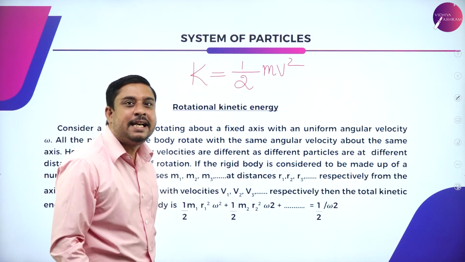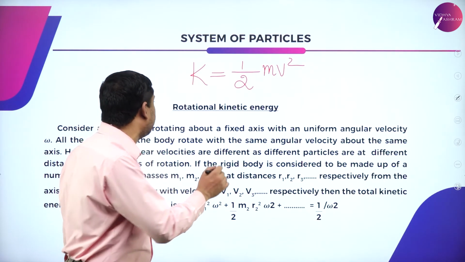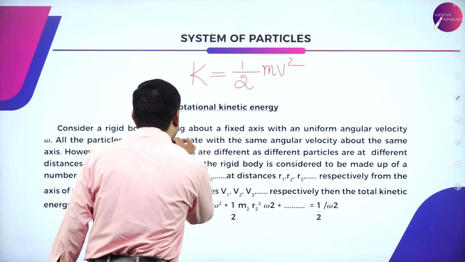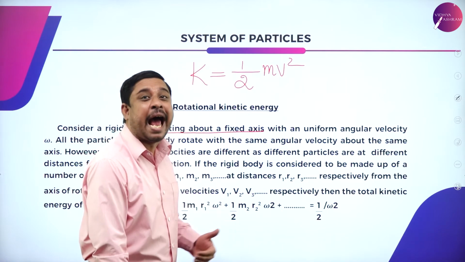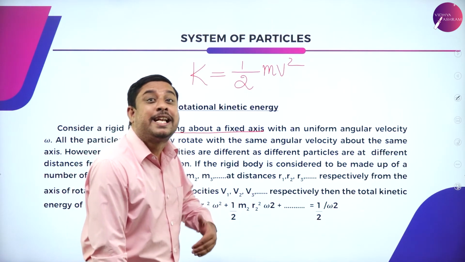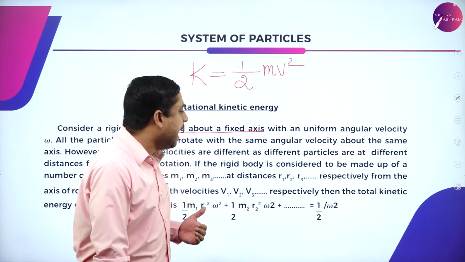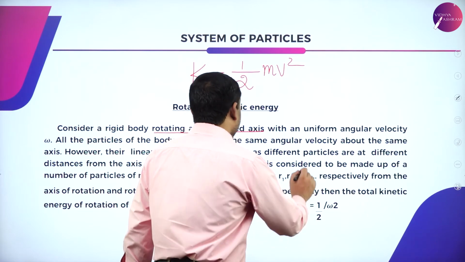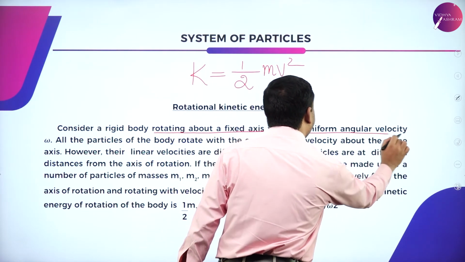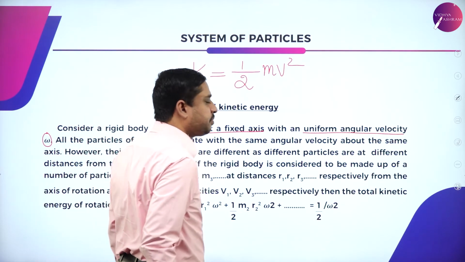Now I consider a rigid body. Now this is not linear motion. It is rotating about a fixed axis. It is a rotating body, rotating about a fixed axis with a uniform angular velocity omega.